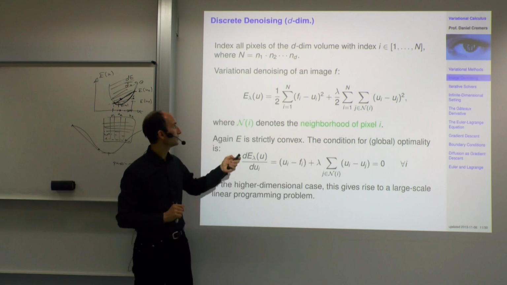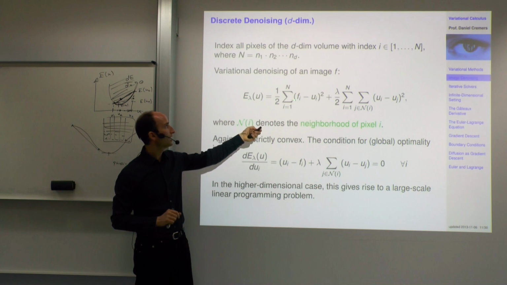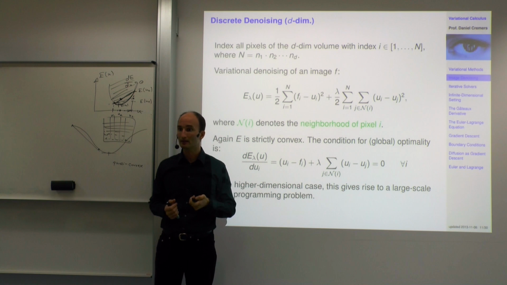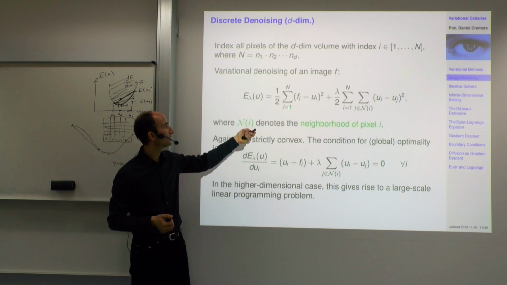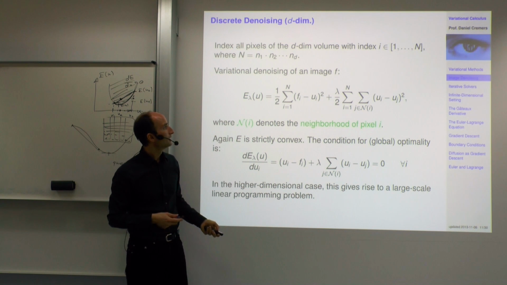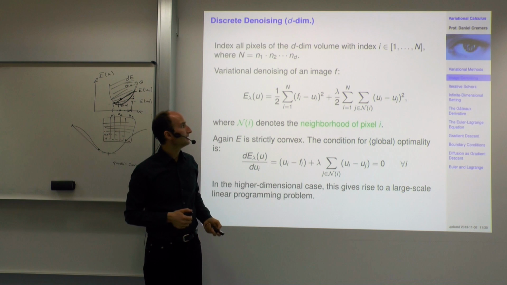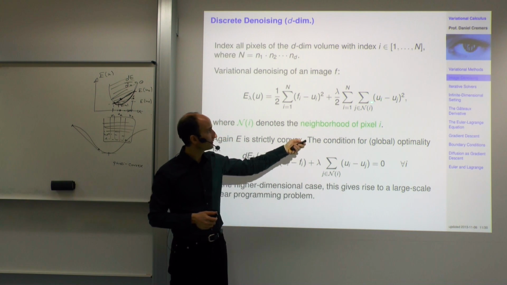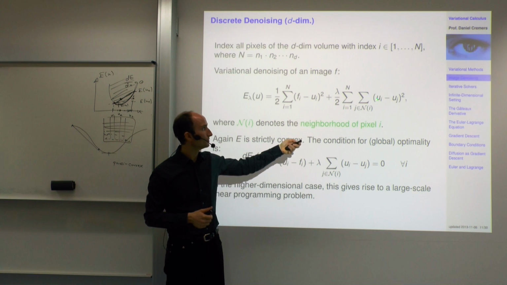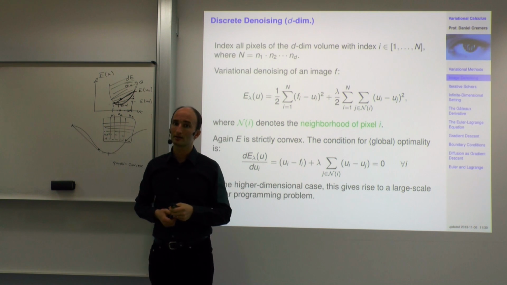Almost exactly, not quite. The data term is the same. For every pixel in my image, I want the brightness at that pixel to be similar to the observed brightness F_i. That's the data fidelity term summing over all the pixels. For the smoothness term, again, I sum over all pixels, and then I say the brightness of the central pixel, let's call it U_i, should be the same as the brightness of its neighbor pixels.